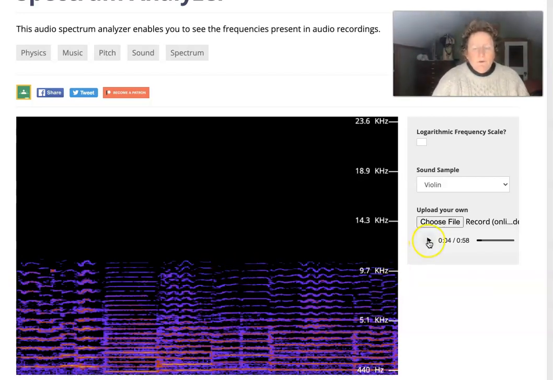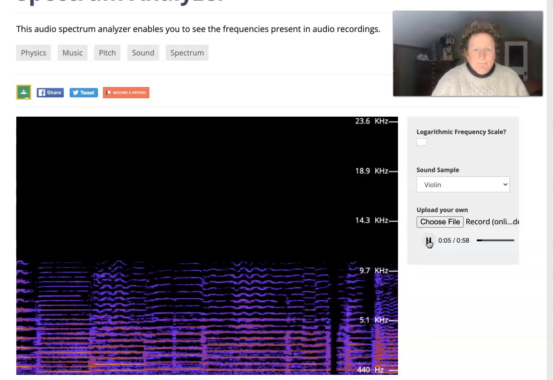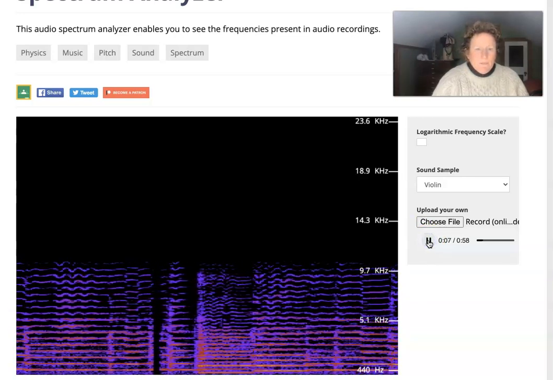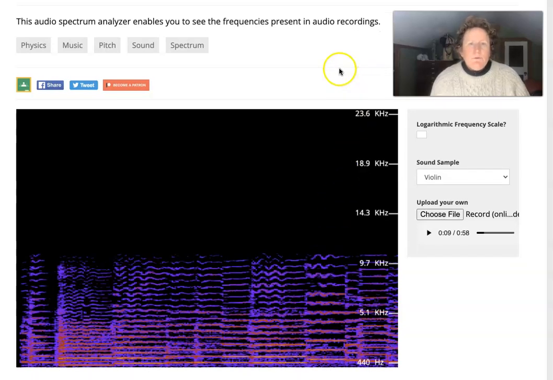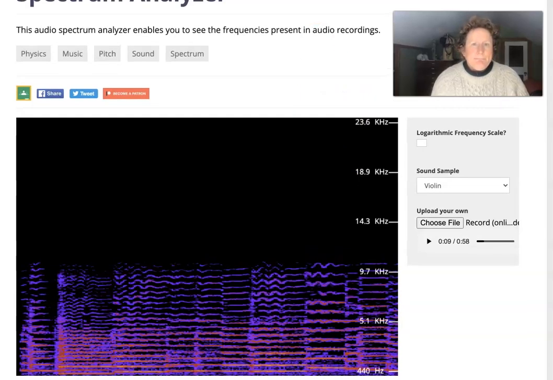If we look across the violin, we can kind of see where someone stops playing for a moment. We can see how the frequency changes. Even though the harmonics, they're altering what notes they're playing on the violin, and we can see that here as they switch notes. So now we have some information from an observation to go to our lab sheet with.